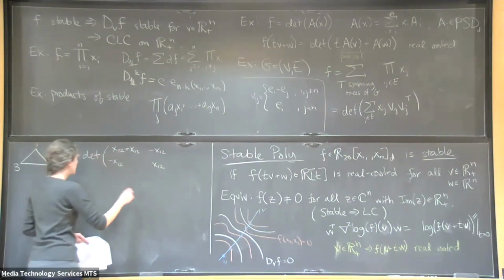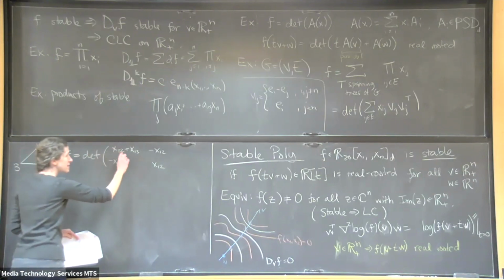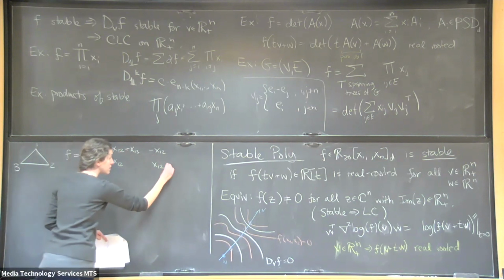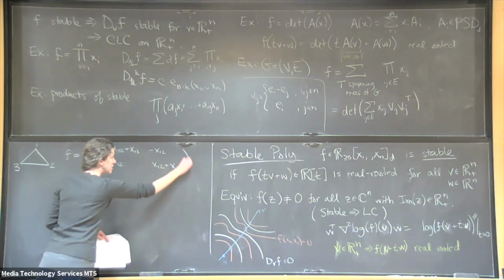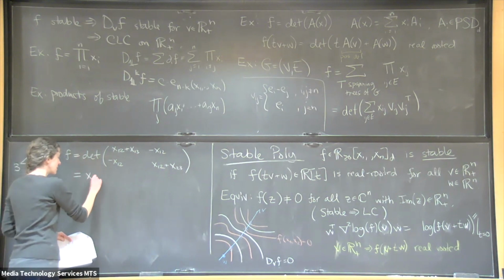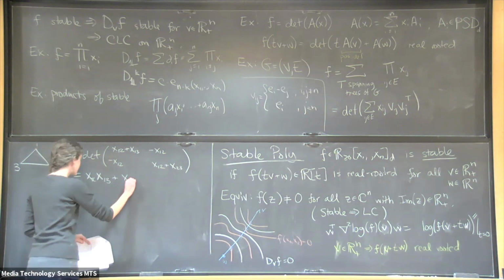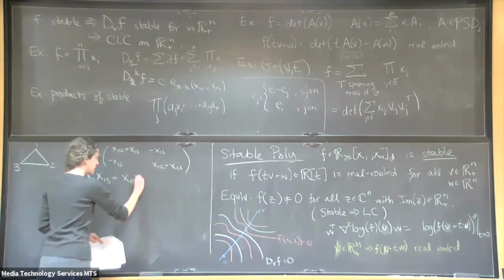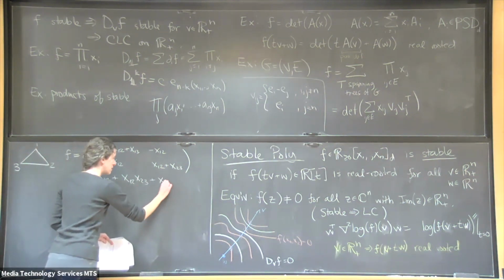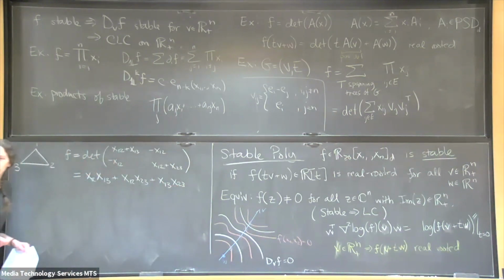And x_23 is going to contribute a matrix with top row 0, 0, bottom row 0, 1. You can check that if you actually write out this determinant, it's the elementary symmetric polynomial in these, because this graph is symmetric. You get the sum over all of the spanning trees of the graph.